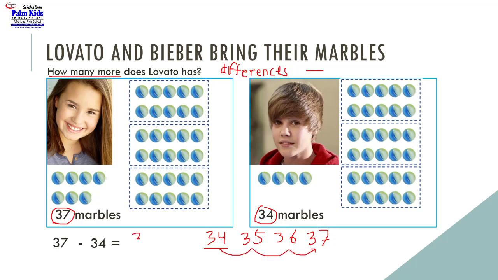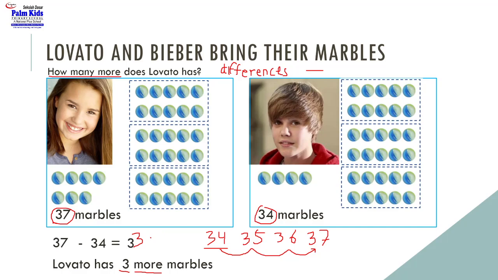So the difference between 37 and 34 is 3. Now we get the difference, which is 3, and we can write down that Lofato has 3 more marbles. Remember the difference and then use more or fewer based on the question.